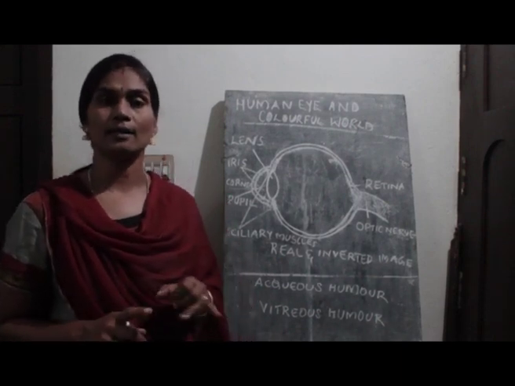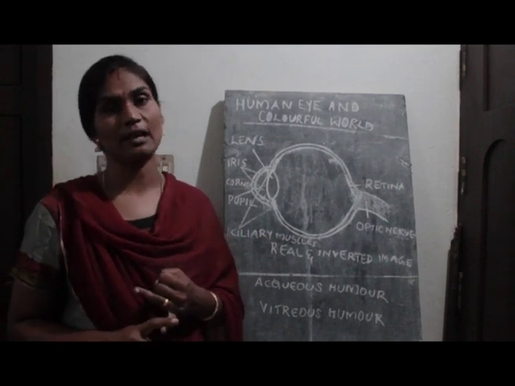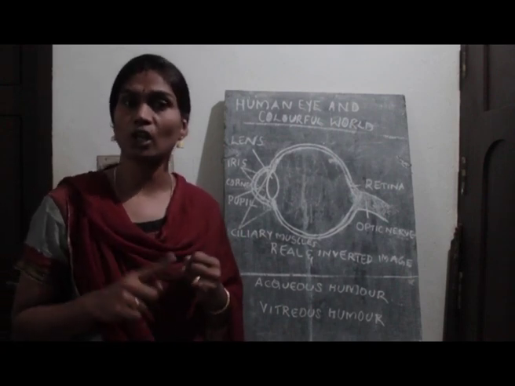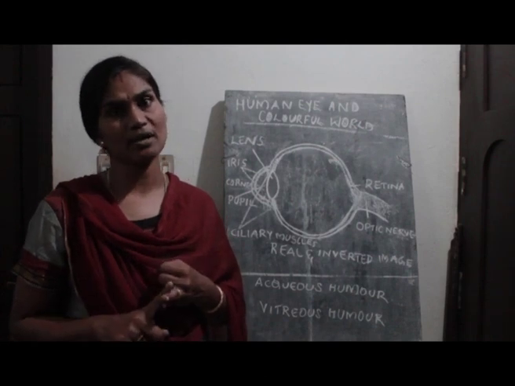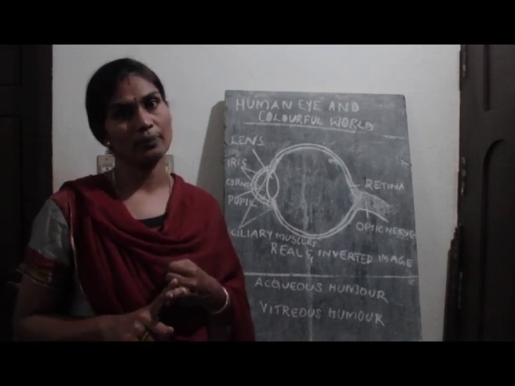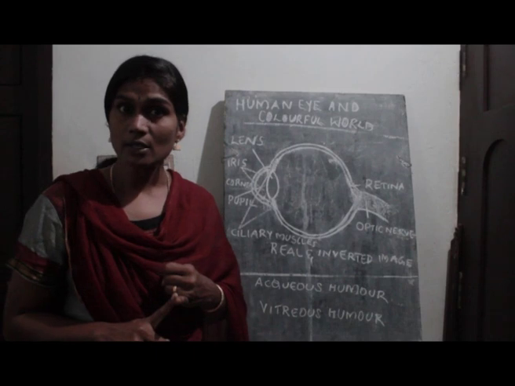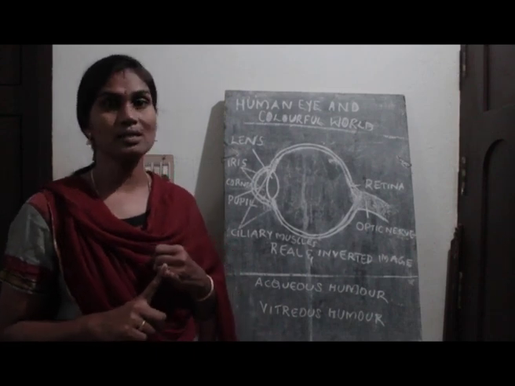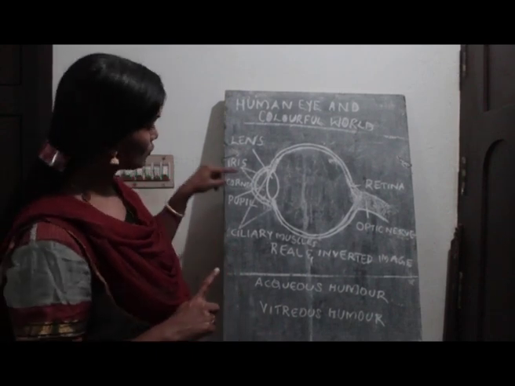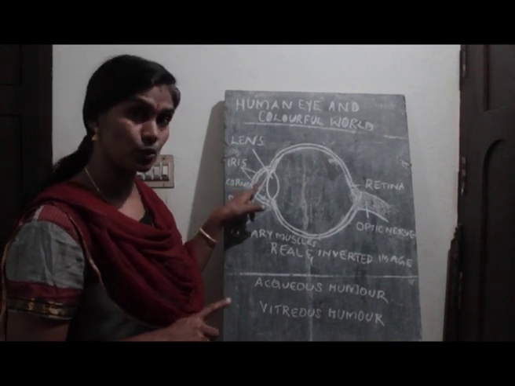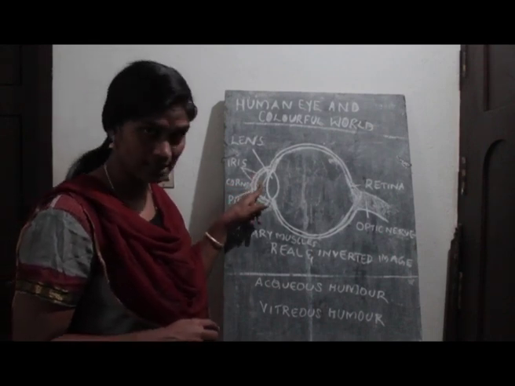So these are the two fluids present in our eye. One is aqueous humor and the second one is vitreous humor. Where can we see aqueous humor? In the space between the cornea and lens.